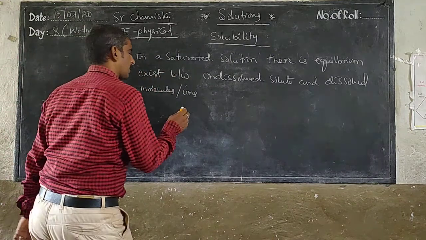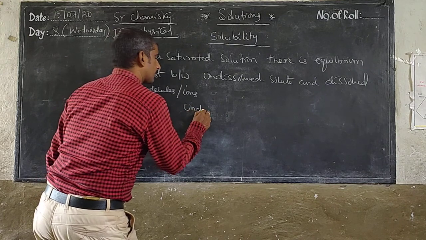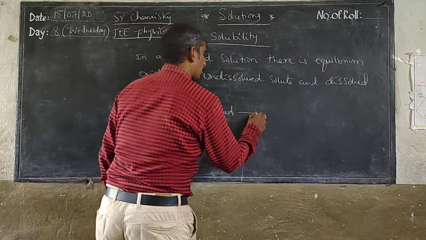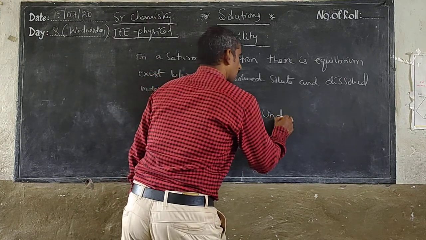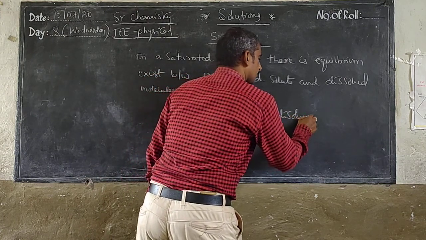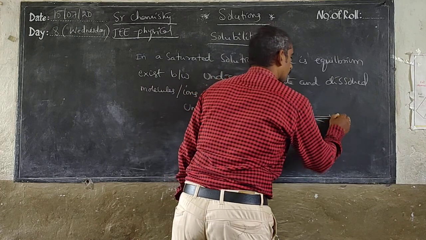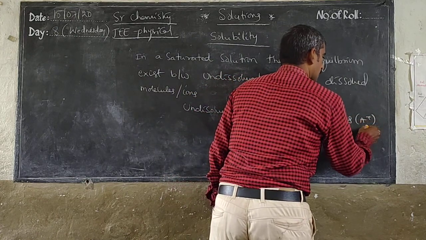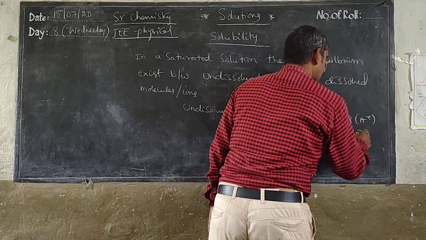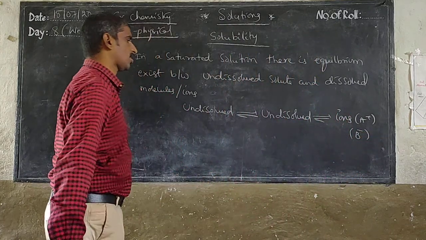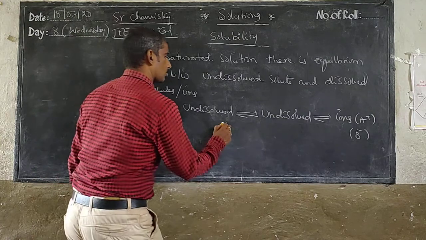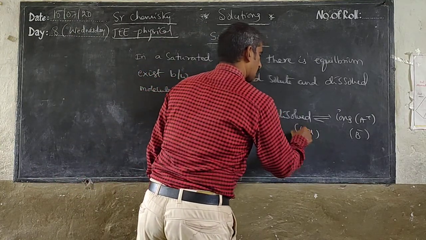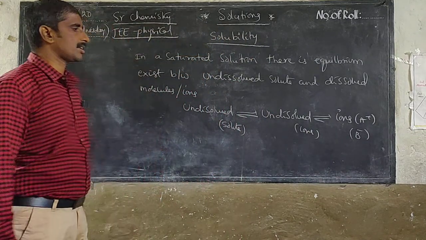Simply, undissolved solute is in equilibrium with ions. Ions means A plus and B minus; here ions means cations and anions.